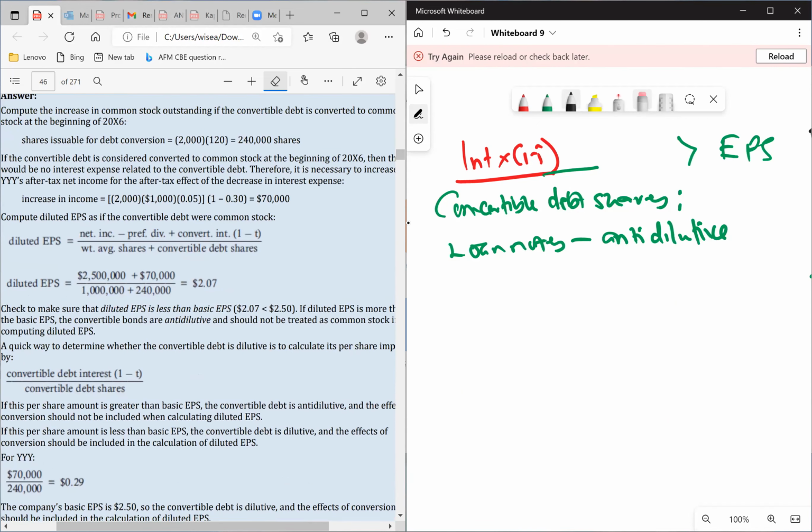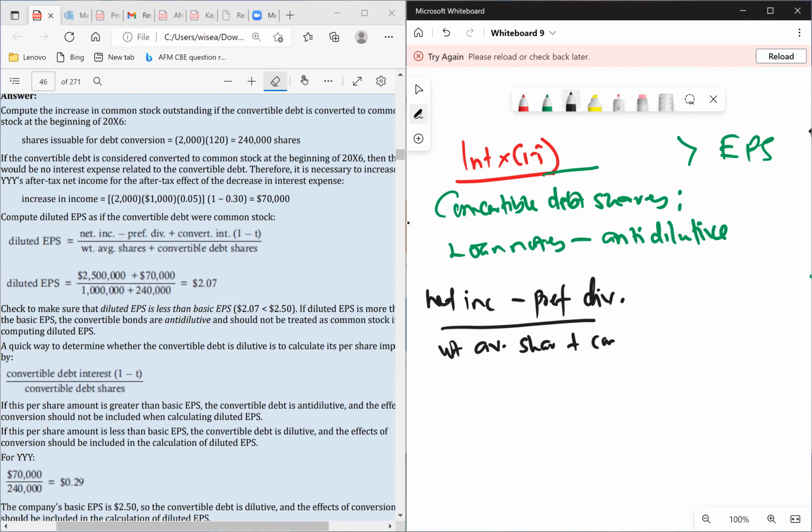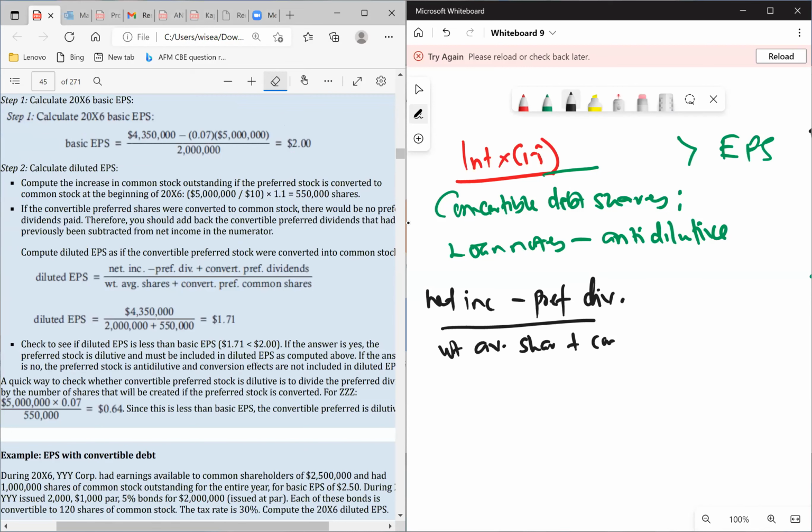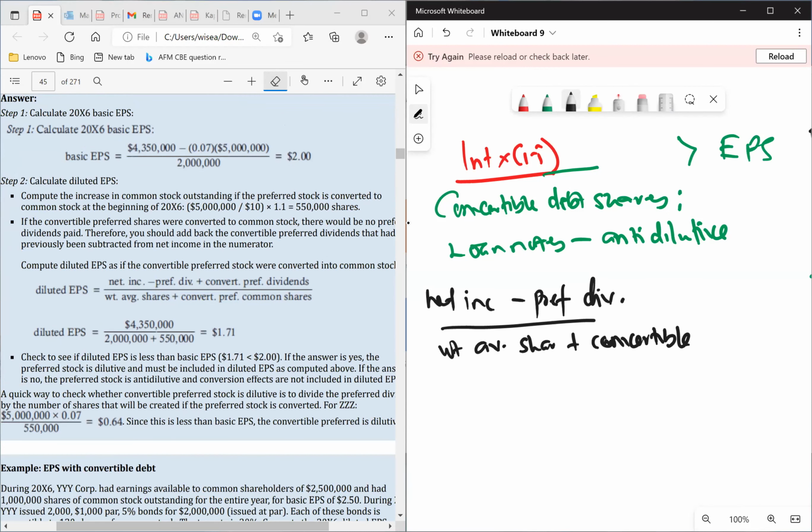For the convertible pref, it is the net income less the pref dividend. Why are we subtracting the pref dividend? All divided by the weighted average shares plus the convertible pref shares.